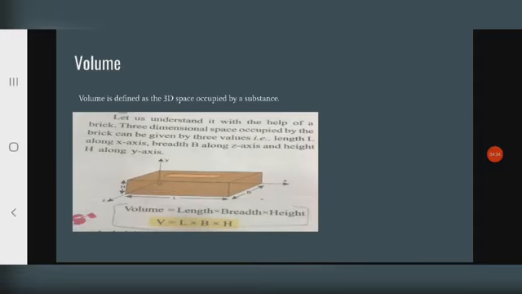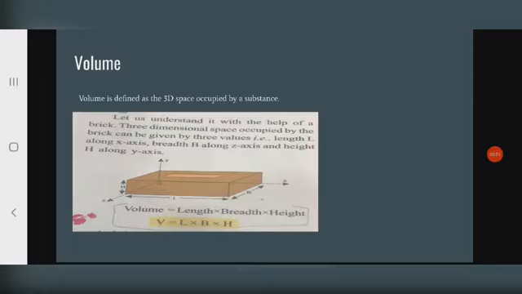Let us understand it with the help of a brick. So we have a brick here. Three-dimensional space occupied by the brick can be given by three values, that is length along the x-axis, breadth along the z-axis and height along the y-axis. So you can see here, by knowing the length, breadth and height, we can find the volume of this brick, right?